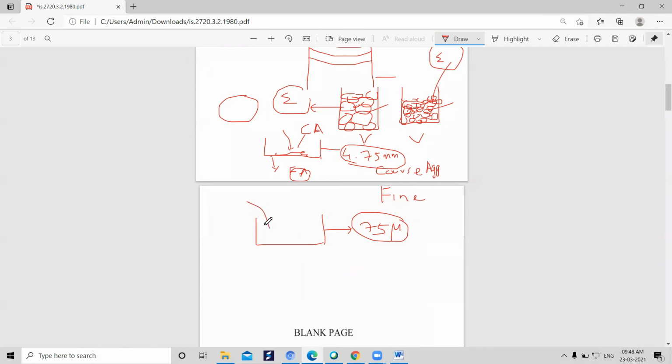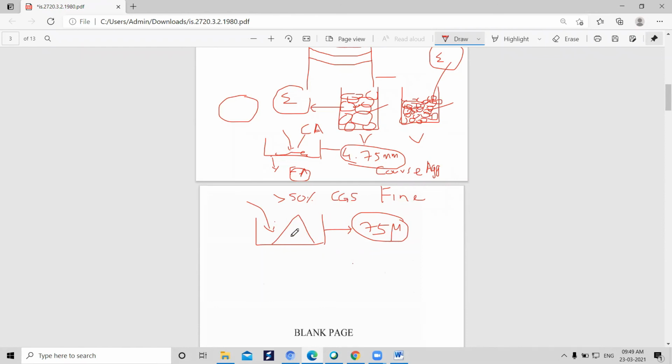If the soil which you have taken as a sample is sieved, and if more than 50% of the soil sample is retained on the 75 micron IS sieve, then it is coarse grained soil.